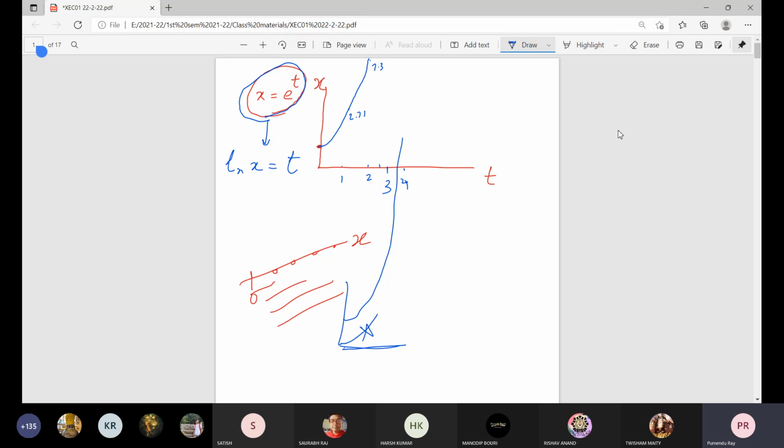For different x values, if we take the natural logarithm, then their values are definitely quite less in comparison. For t equal to 1, 2, 3, etc., log x, log 1, log 2, log 3, log 4, those are really manageable numerical values, and we can plot that graph.